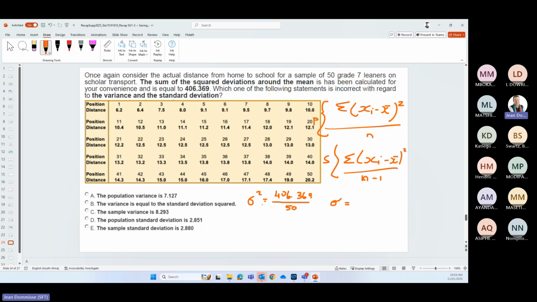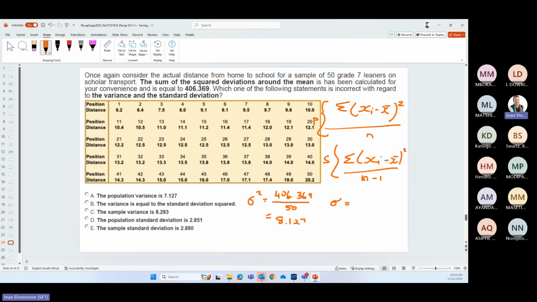So 406.369 divided by 50 will give us the population variance.